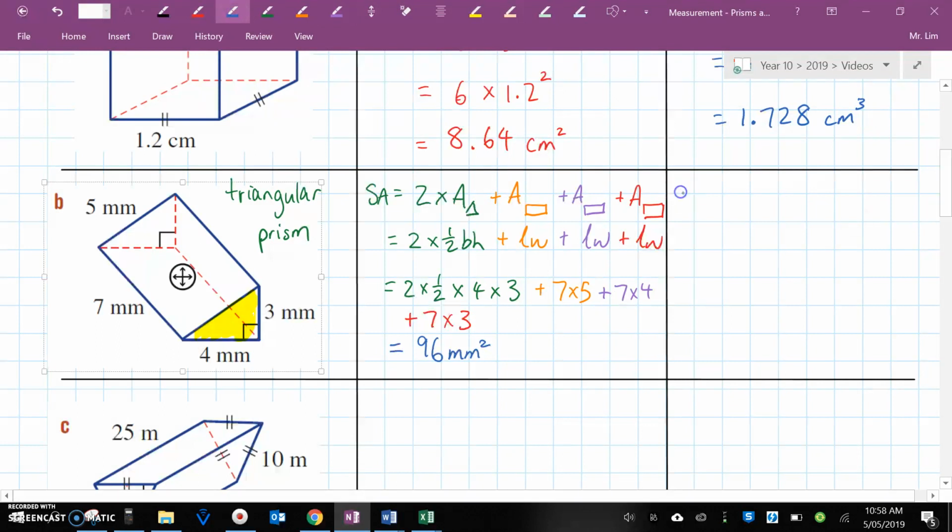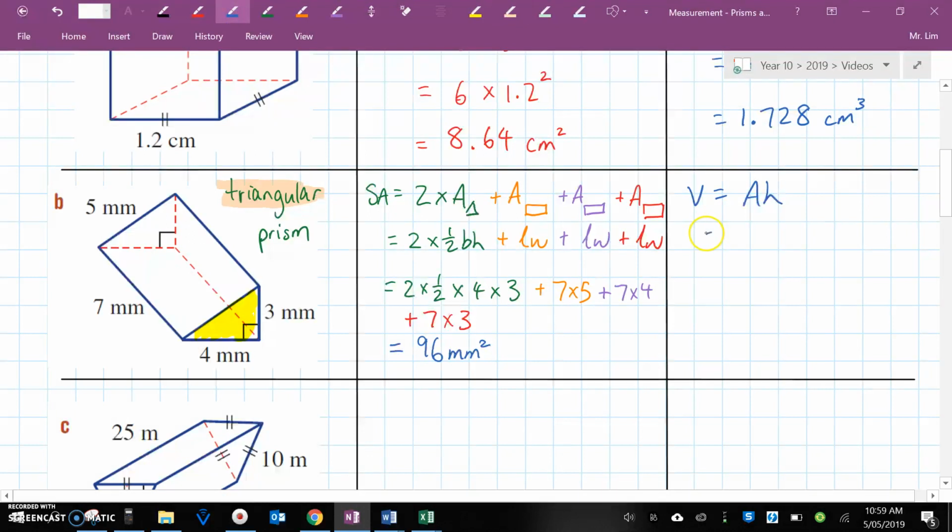Okay, volume is equal to the area of the base times the height. Now, if you look at this, it looks like the base is a rectangle. But because the solid is a triangular prism, the base is a triangle. So we need to look for two faces that are exactly the same size and shape, which is the triangle here. So that makes the triangle the base.